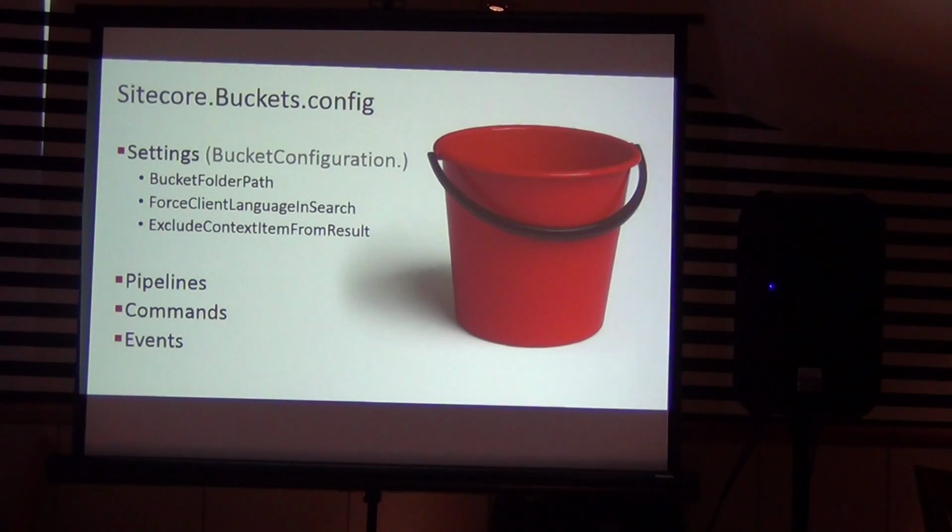By default it's composed of year, month, date down to second, I think. You can adjust that in that setting. The second one there, force client language in search. Have we got any bidders? What do you think this will do?